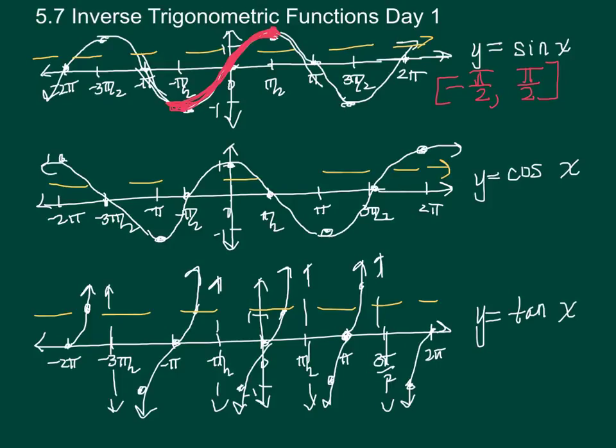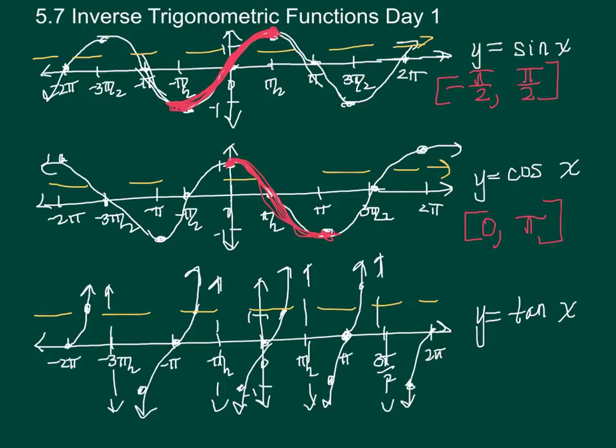For cosine, from 0 to pi, I'm going to restrict my domain for my inverse function, because this is where it'll pass the horizontal line test.